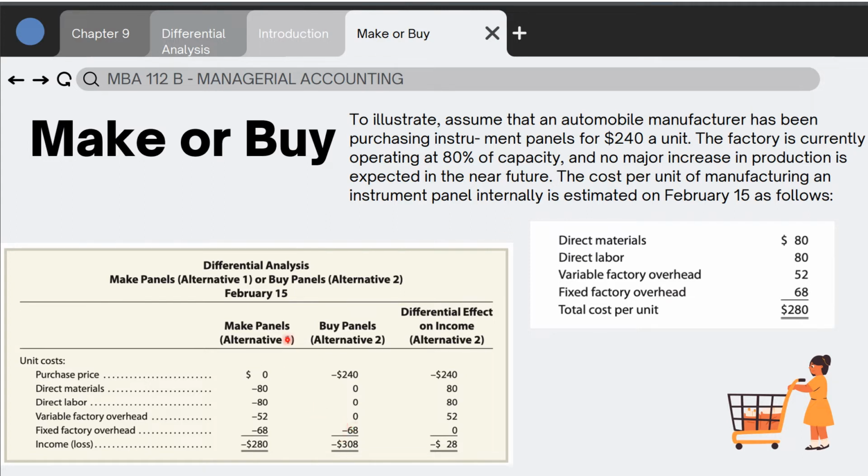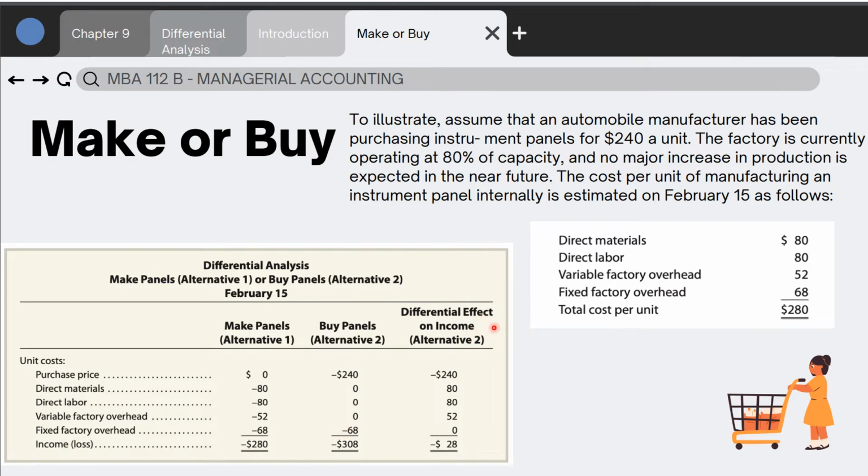So in alternative 1, if you're going to make the panels, we have the direct materials, the direct labor, the variable factory overhead, and also the fixed factory overhead. So that will be a total of 280 compared to the total of 308 in buying the panels caused by the fixed factory overhead.